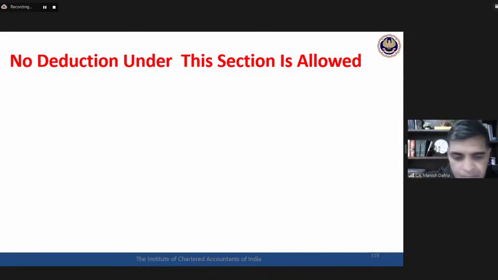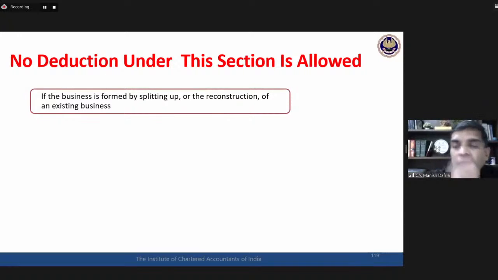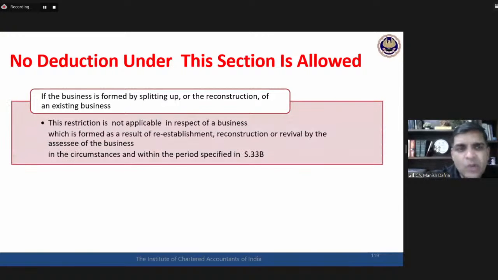Next, some theoretical, procedural requirements related with this. One we have discussed with respect to startups also: the business should be a new business. The deduction is available only if it's a new business. If it is formed by splitting up or reconstruction or revival of an existing business, 80JJAA is not applicable.